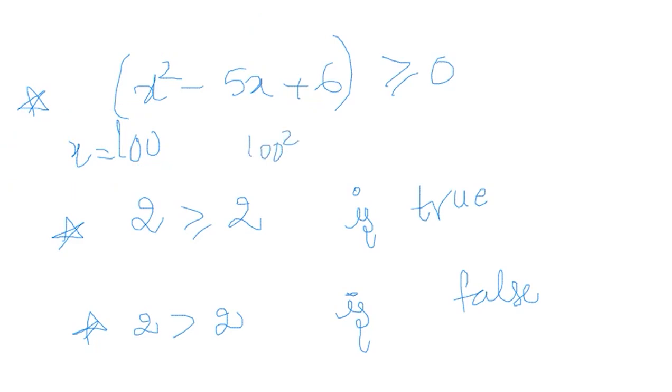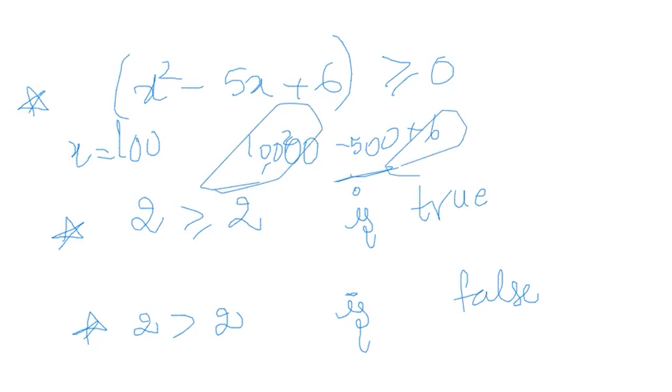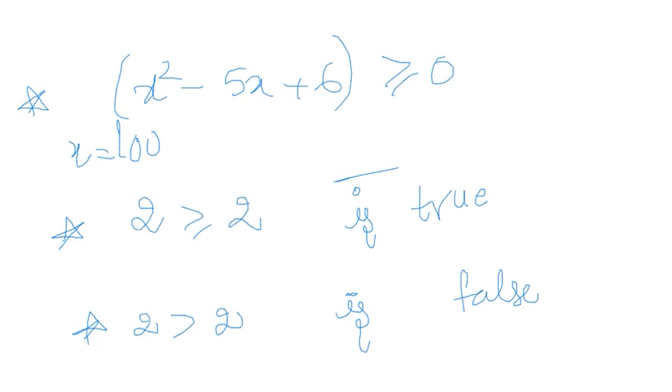Positive, right? Any doubt? No. Subtracted just a small number, 500, will still be a positive value. So there are certain values of x for which this inequality stays true.